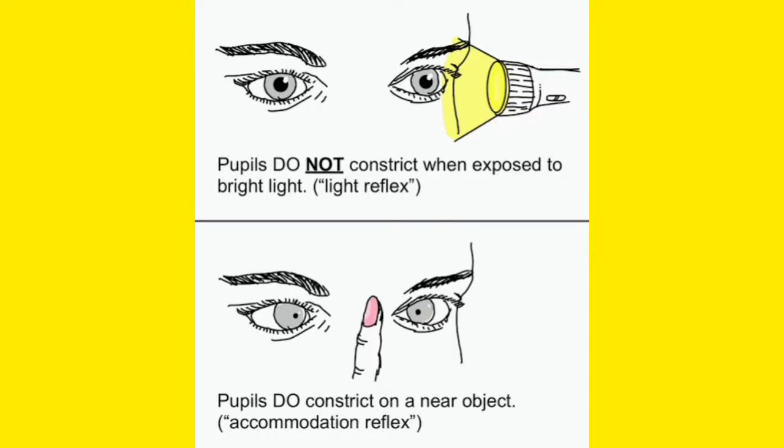It is very important for your NEET PG examination and also the FMGE examination. Always they give you a history of a patient in whom you have checked the light reflex and you cannot find anything, but when you check the accommodation reflex, you can find it. You can see the above picture, light reflex is tested, a torch is put and the patient is asked to see the light, but there is no change of the pupil.